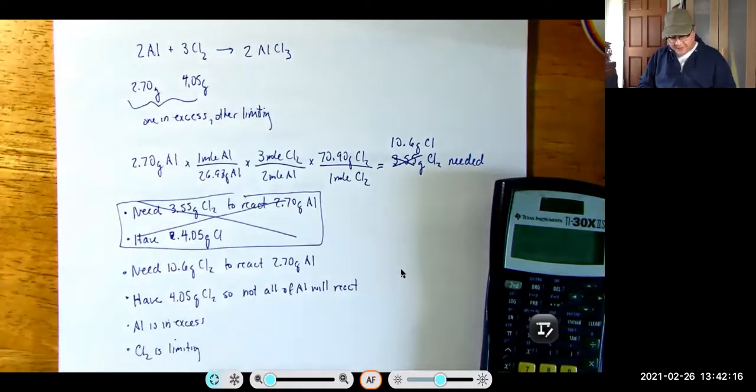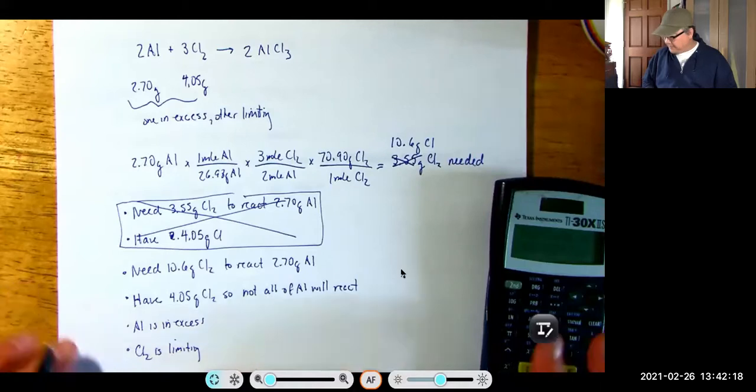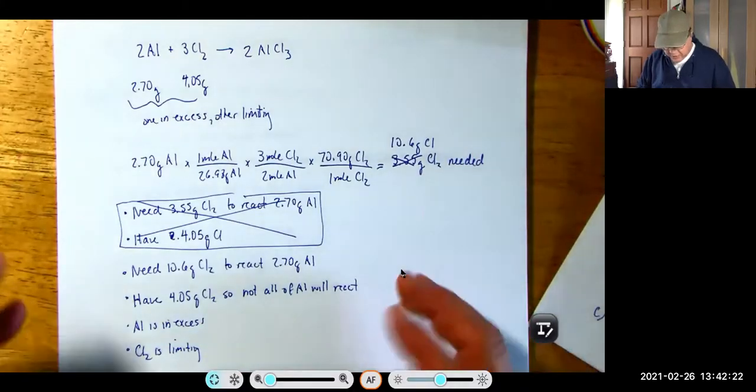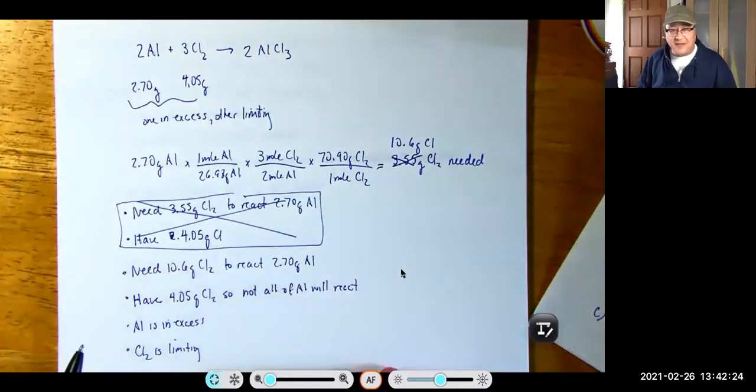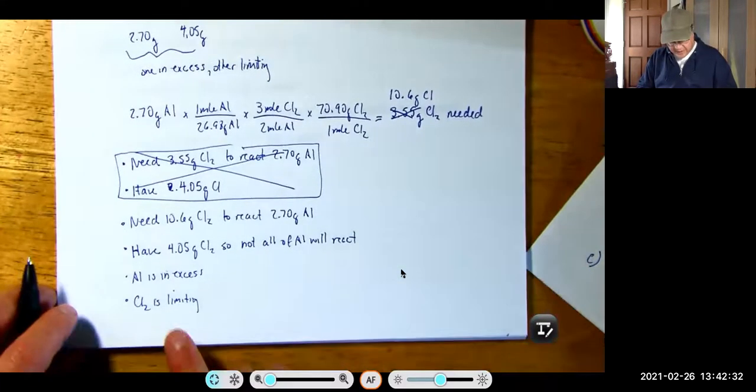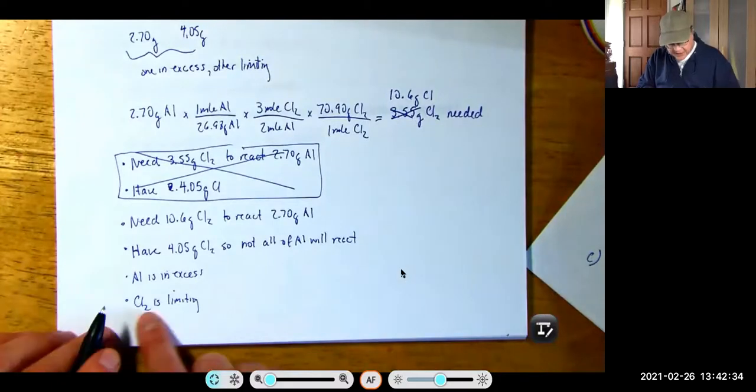So we found out the same thing that we did before, except for a big thing. We don't know how much aluminum chloride we're going to make. So if we are going to find out how much aluminum chloride we're going to make, we want to start with the amount that we're going to be limiting the reaction with.